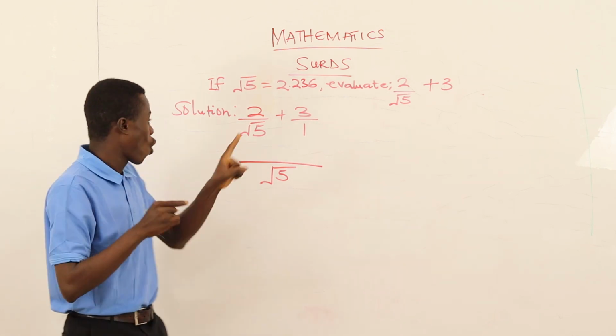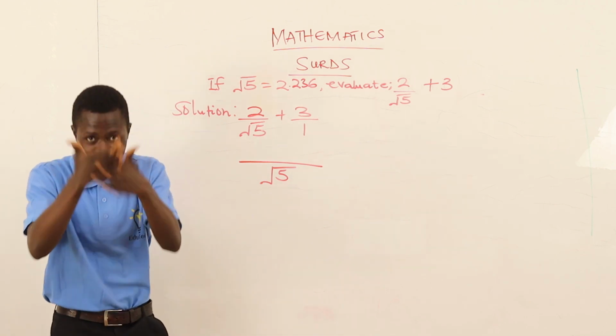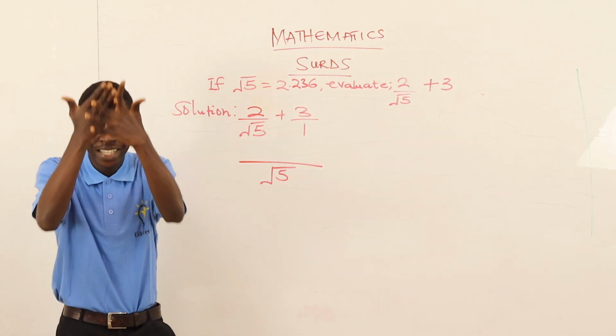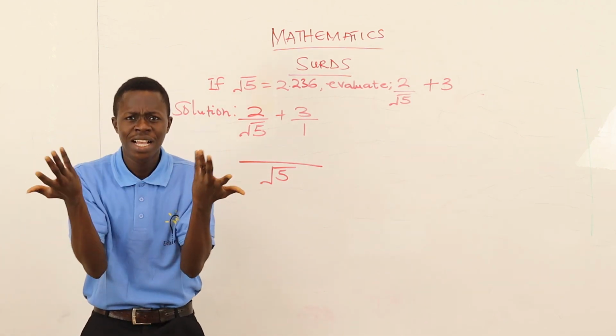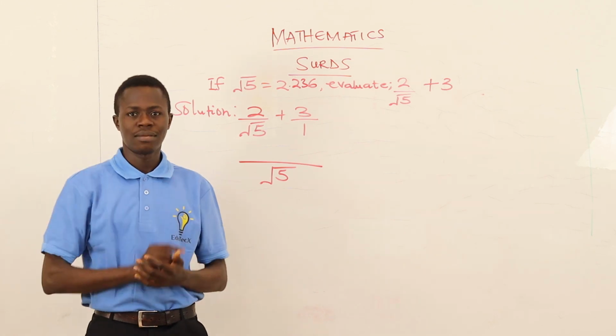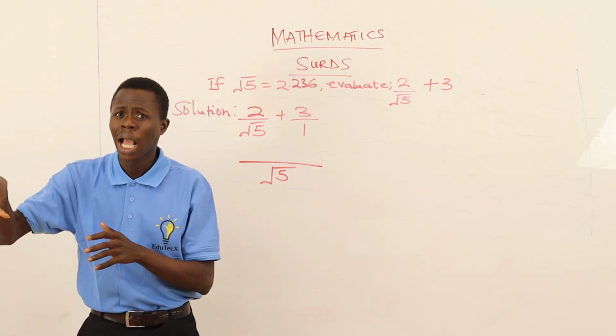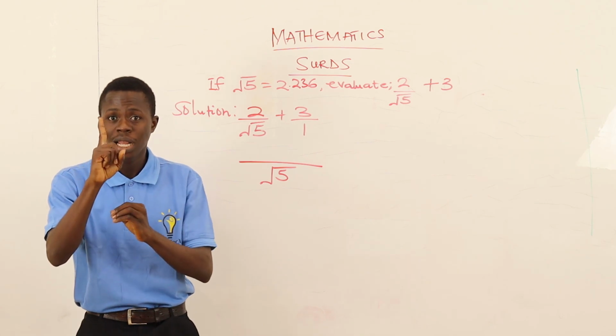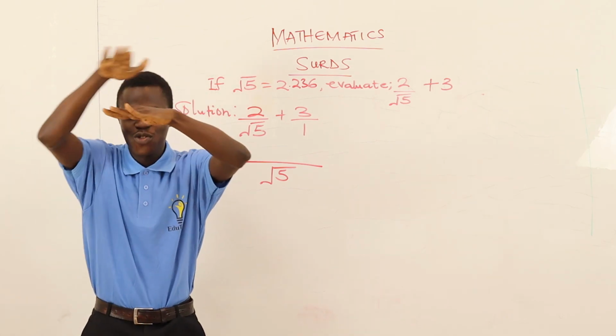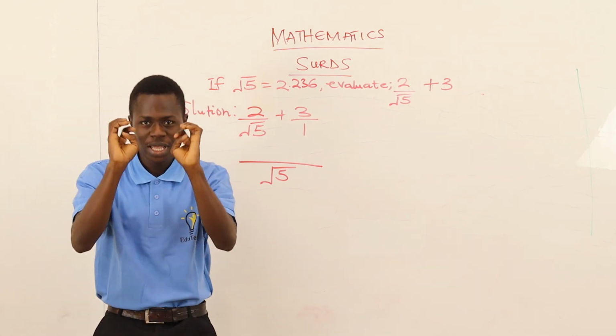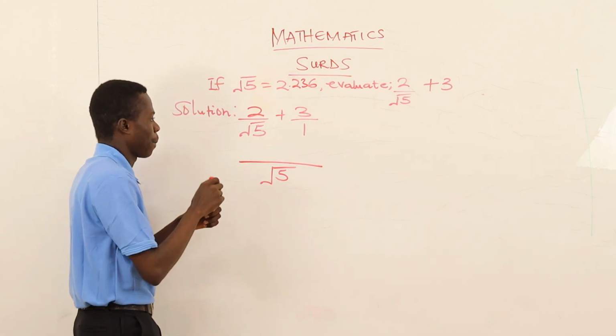Now, with square root of 5, what do we do with it as the LCM? You remember again that we said with the first expression, the denominator, we divide it by the LCM. So when we divide square root of 5 by square root of 5, the answer will give us 1.